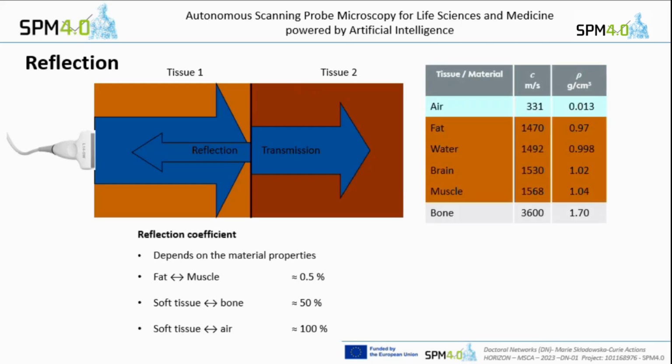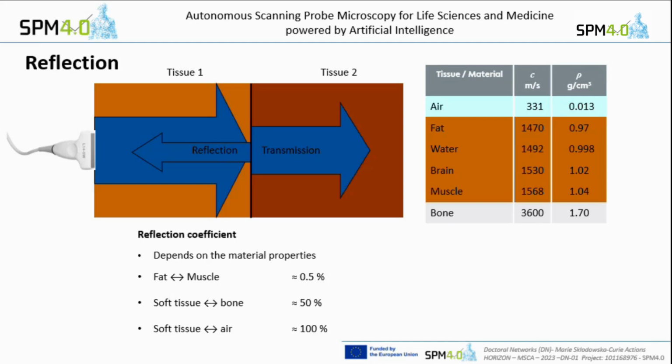Again, we have three kinds of tissue. We have soft tissue, such as fat, water, brain, muscle, and a lot of other things, with more or less a similar speed of sound c and a similar density. And we have air and bone, which have different properties. Then we can calculate our reflection coefficient, which is based on the speed of sound and the density, to determine how much energy will be reflected.